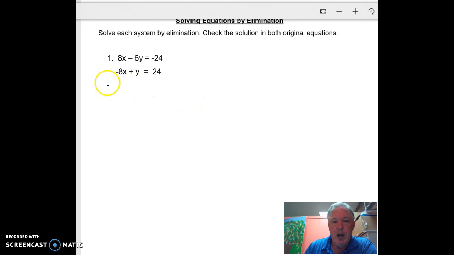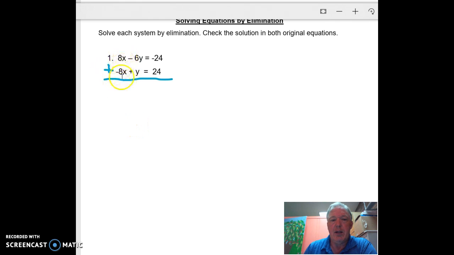In this number 1, we can see that we have two numbers and variables that are the same. We have 8x and minus 8x. In order to eliminate these, because one is positive and one is negative, all we have to do is add those two together.